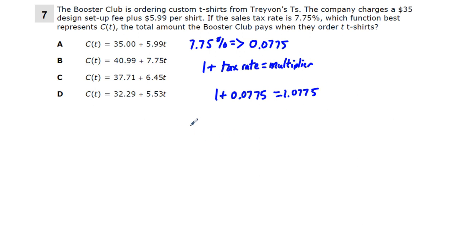So what we're going to do is take our 5.99 times 1.0775, and we're going to take our setup fee, $35, times 1.0775, and we're going to get these two numbers that are going to bring us home.